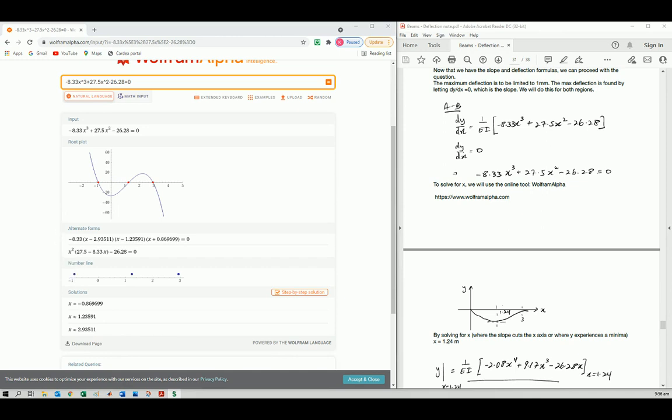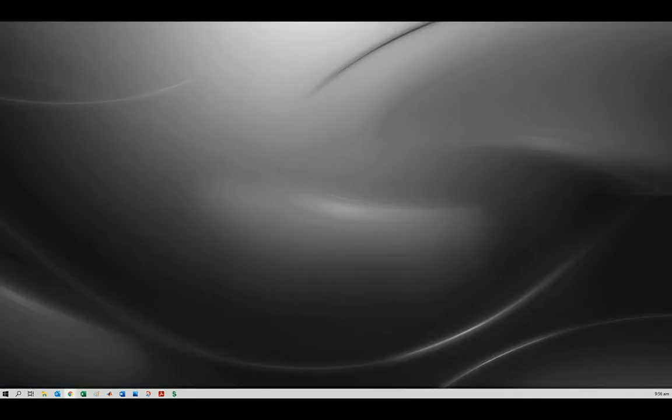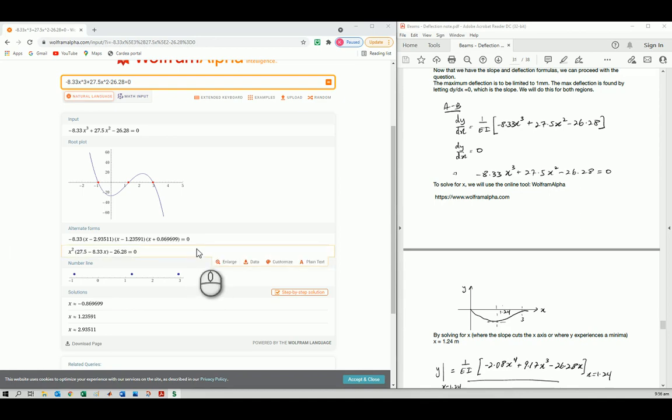So how do we know where the maximum or the minimum is? We have 2 points that are valid. So for this, we could go ahead and plot the deflection and determine where the maximum lies or the minimum lies, because we have 2 points.